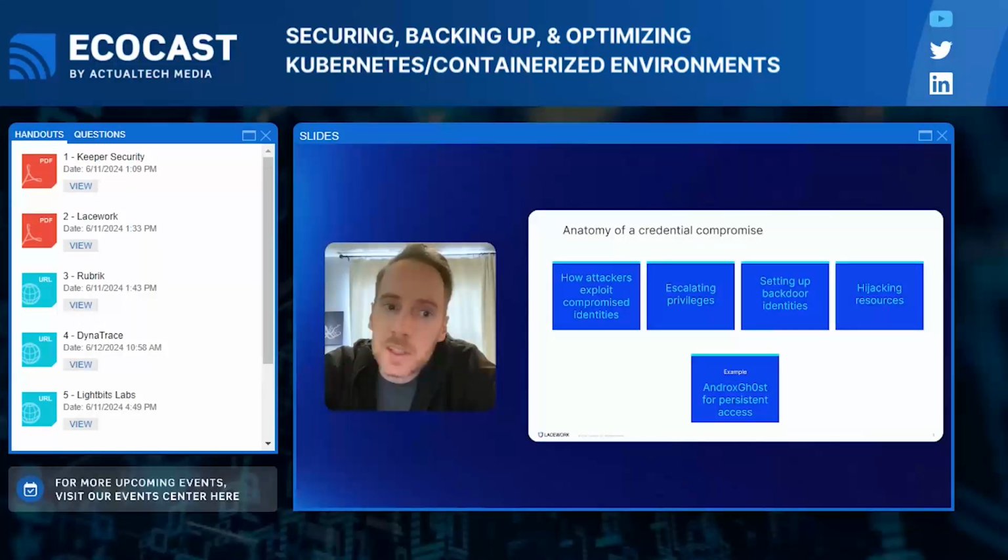The other one is accessing the metadata service through server-side request forgeries on internet-facing applications. That's another common one. We're going to show you an example of that here coming up as well. And additionally, phishing and social engineering. So developers or admins being targeted and then tricked into giving up their keys, or their laptops being compromised and the attackers getting them from there.